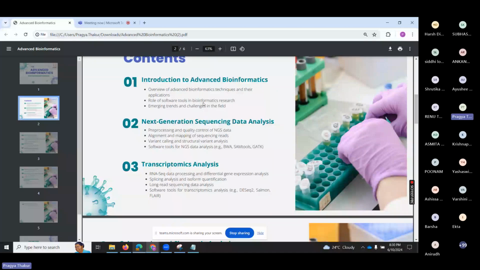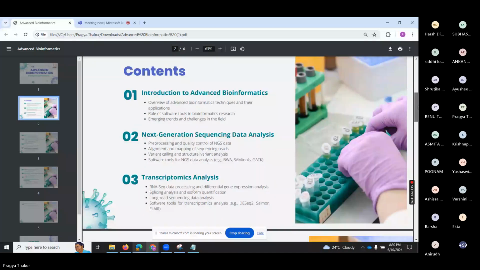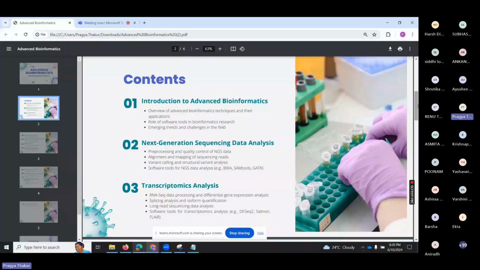Is the screen visible? Yes, it is visible. So this is the content portion, in which we are going to see the introduction to advanced bioinformatics.